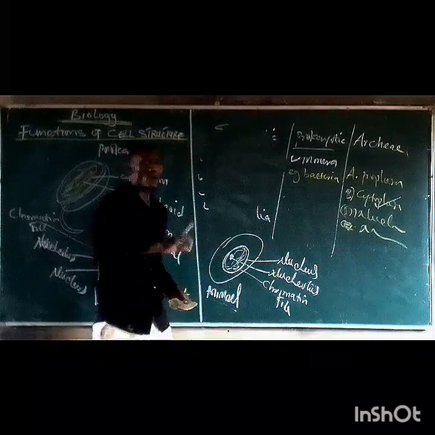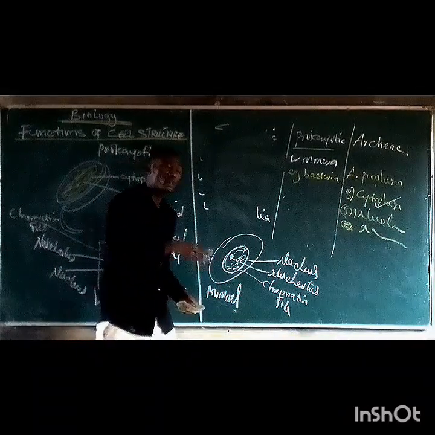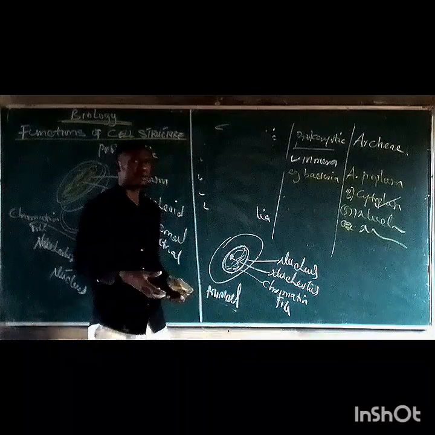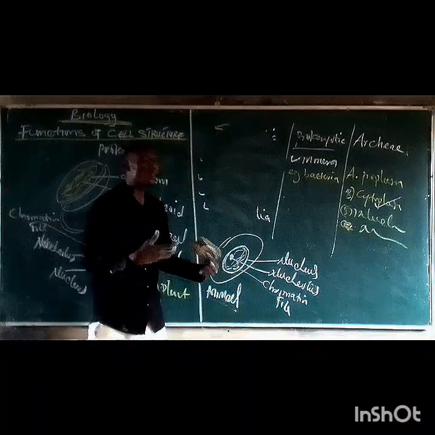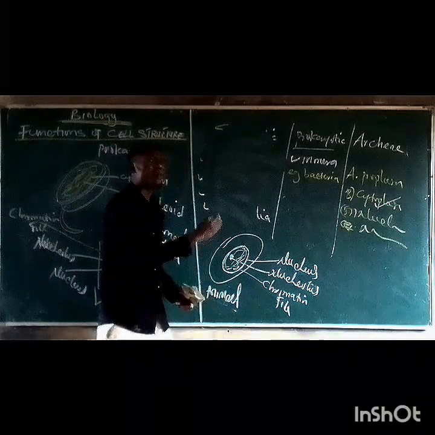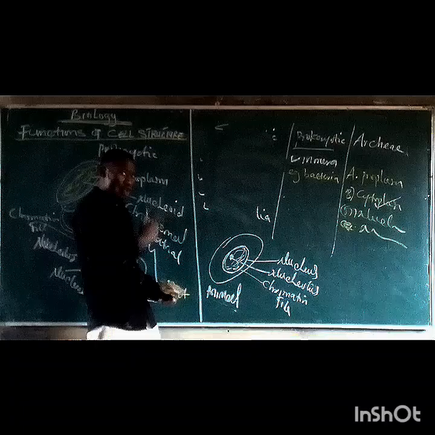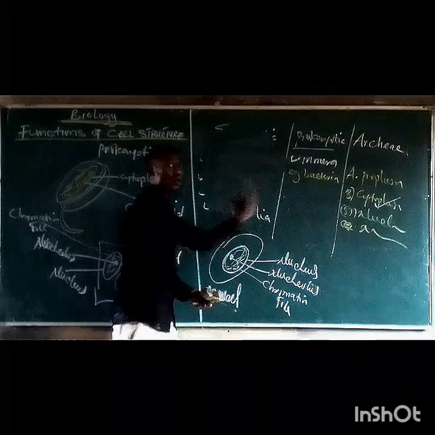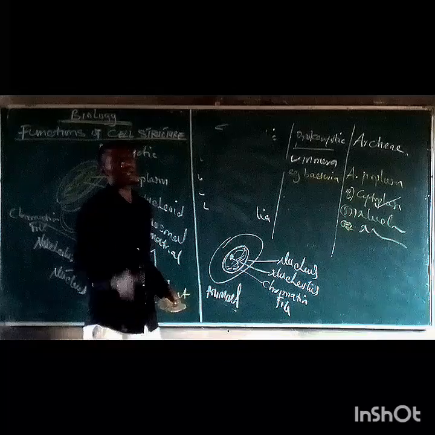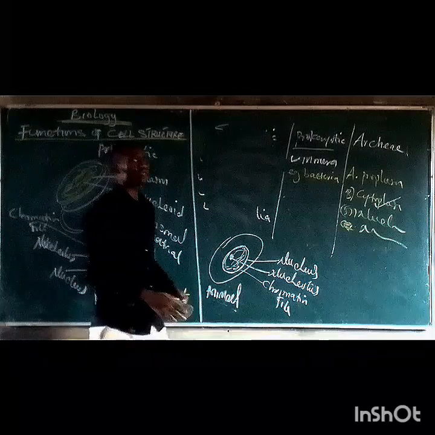Okay? Another one is that the eukaryotic organisms have double membranous organelles, like the mitochondrion and the endoplasmic reticulum. All those things are double membranous organelles, and they only belong to the eukaryotic, if you are writing. Then the prokaryotic, they don't have any double membranous organelle.